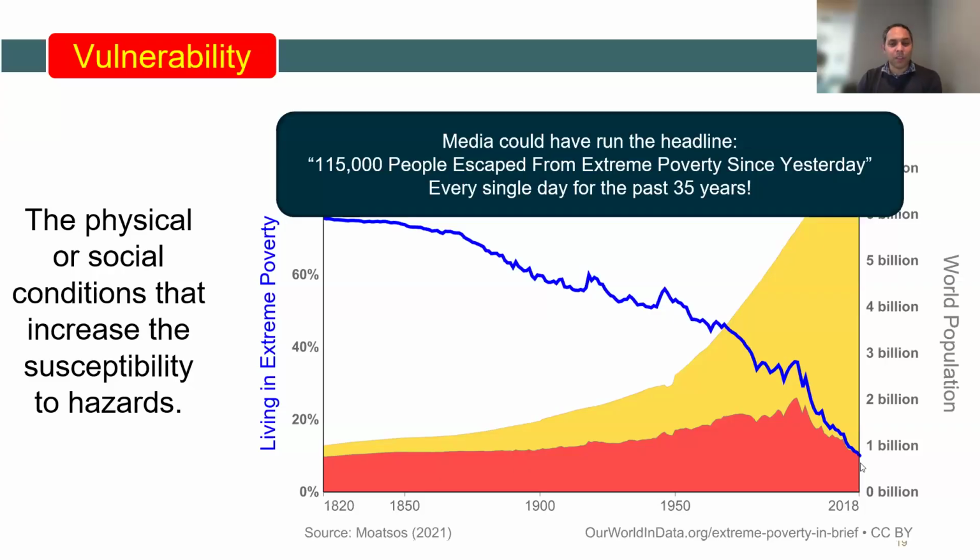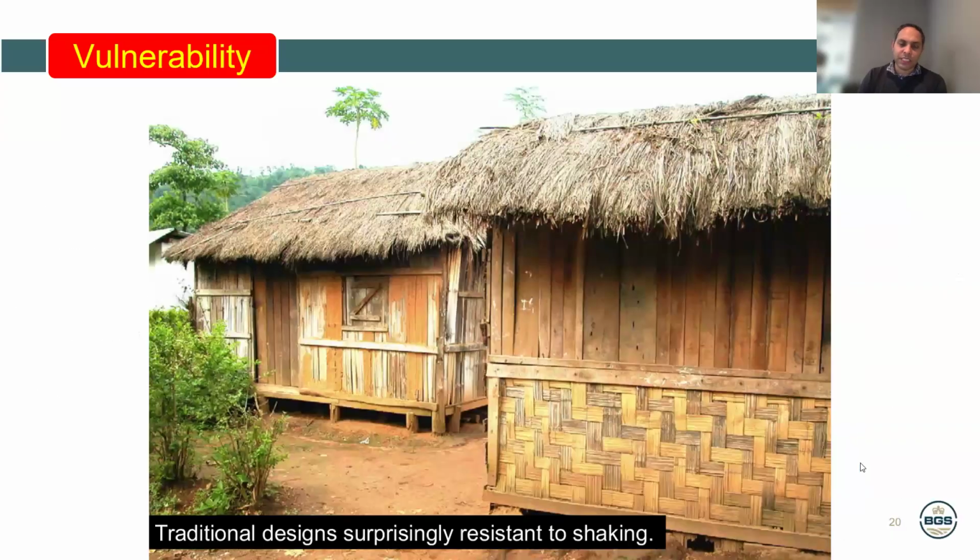So why is it one of my horsemen of disaster risk? It's because extreme poverty looks like this. Those who are living in extreme poverty live in homes that are locally built with local materials, i.e. wood or bamboo or mud. And amazingly, these structures are quite resilient to earthquakes. Wood can absorb energy, and even if that house falls on you, the straw is unlikely to kill you.